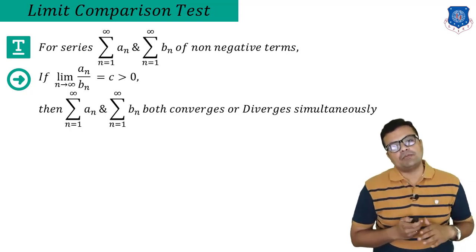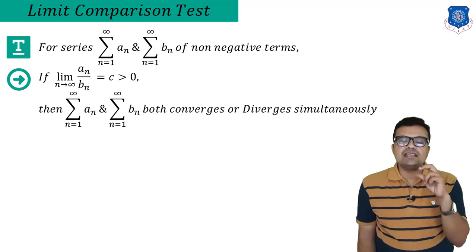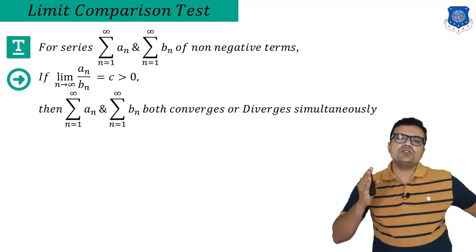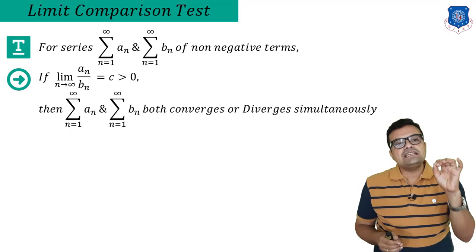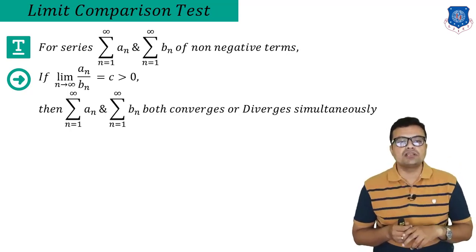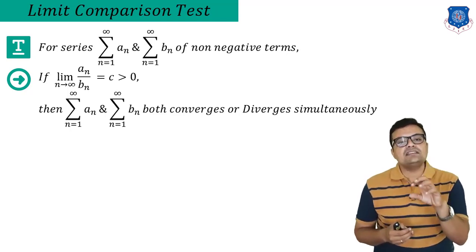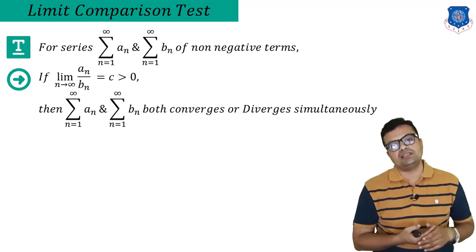Now why is this happening? Suppose I take the ratio of these two numbers An and Bn, and that is equal to C as n tends to infinity. That means after infinitely many terms, An is equal to C times Bn. Now this C is finite and it is a positive number. So that simply means that if one series is going towards infinity, the other must be going towards infinity.